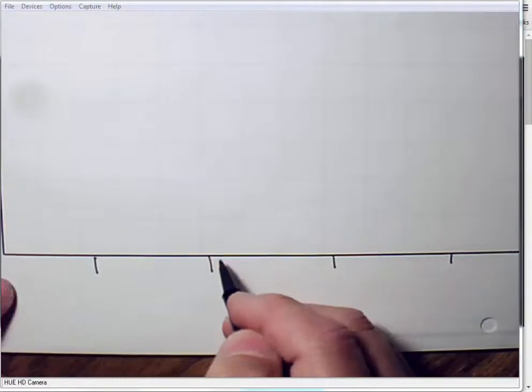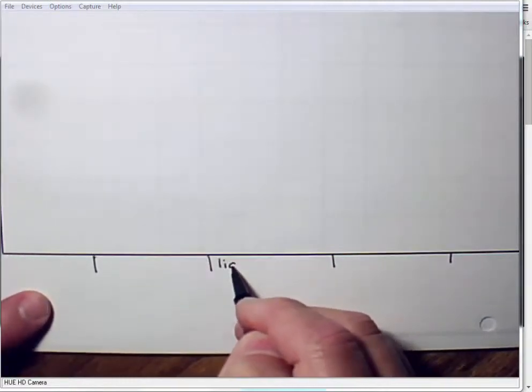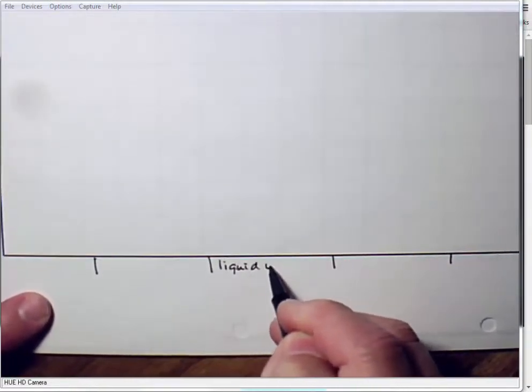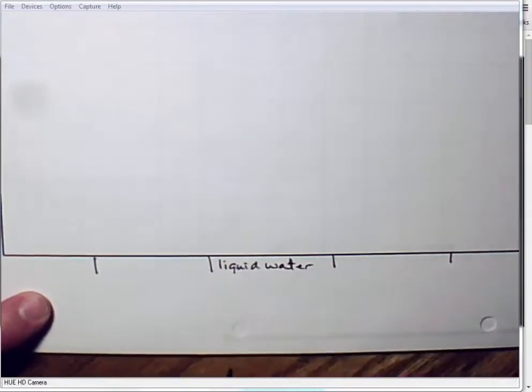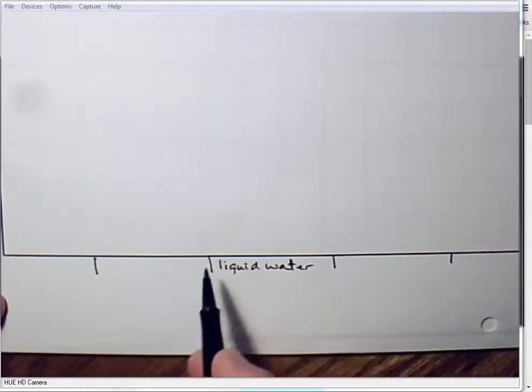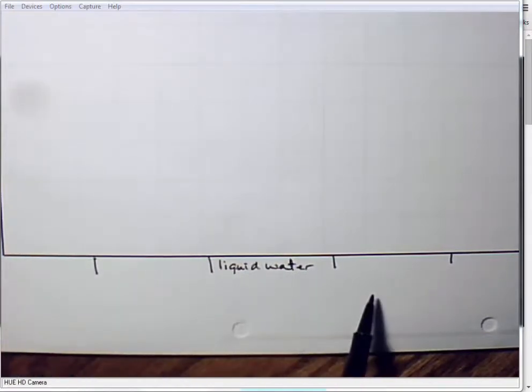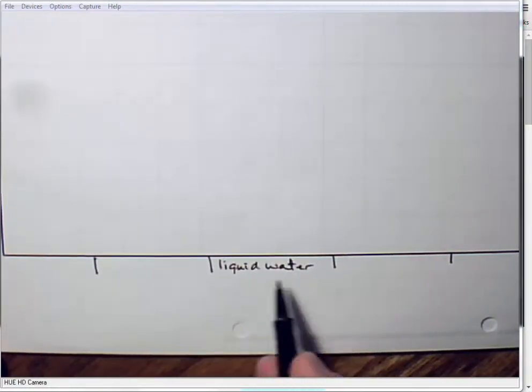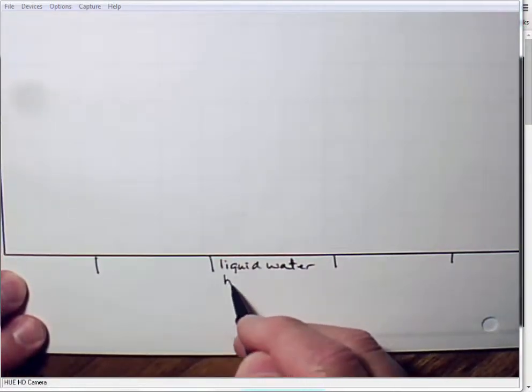So this range here is for liquid water. And in this range, if we're adding heat in this direction, we're heating up the water. So this is the heating and cooling range of liquid water.